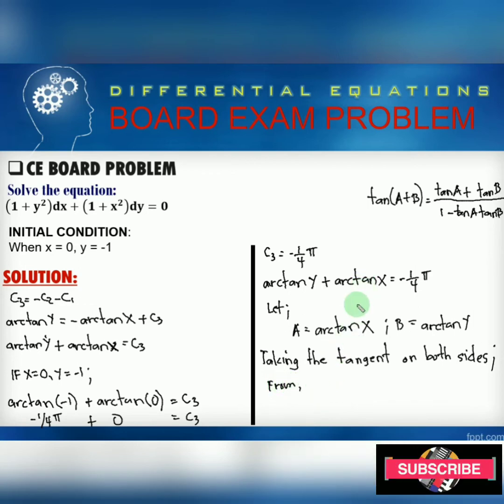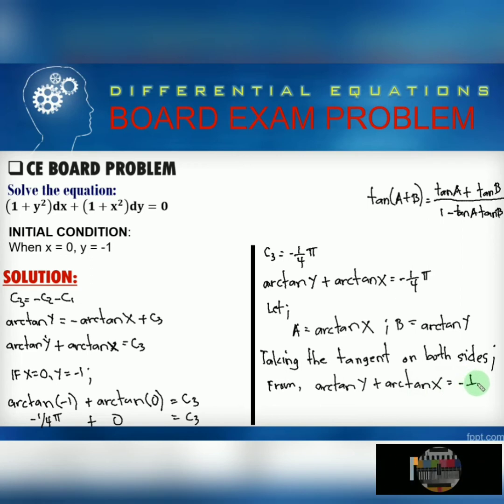From arctangent y plus arctangent x equal now to -1/4 of your pi, assigning a equals to arctangent x, we will have this form: A plus your B equal now to negative 1/4 of your pi.